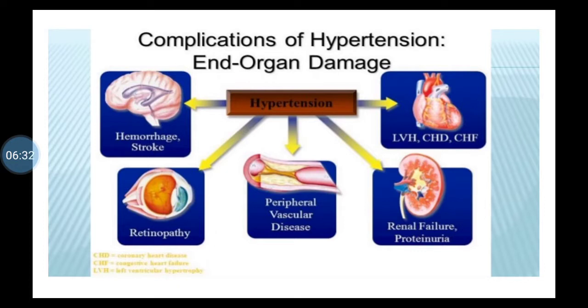Now, hypertension increases the workload of the heart, and as the workload of the heart is increased, it makes the walls of blood vessels weak, and because of this the arteries become very hard, the elasticity of the arteries gets reduced day by day, and there is formation of a fatty layer or atherosclerosis inside the blood vessels.